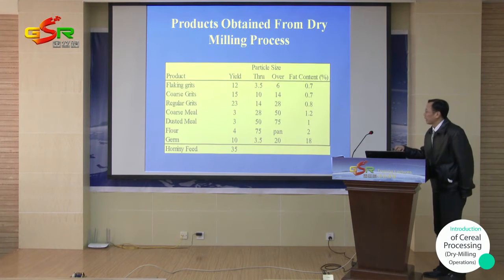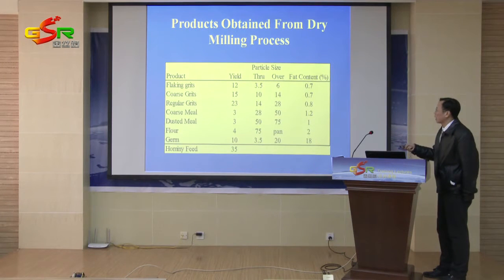We also get different flour and meal, and the germ also has different yield, different size, and different fat content.